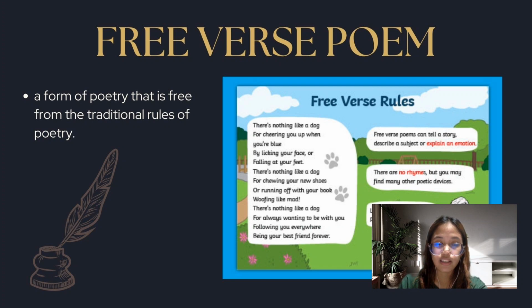So the third line is kind of short. It's not a sentence anymore. It also doesn't have any rhyming word, and it doesn't follow a number of syllables or words per line. So it's free from everything.